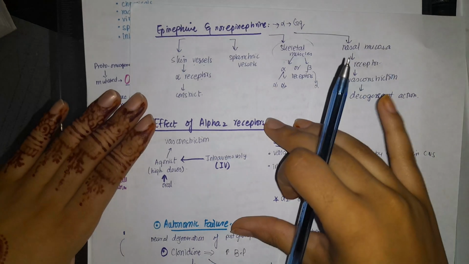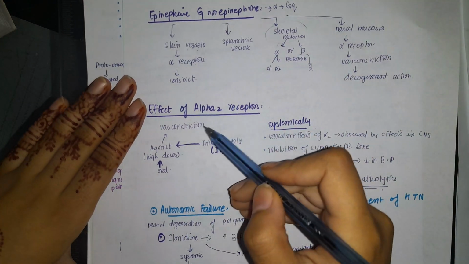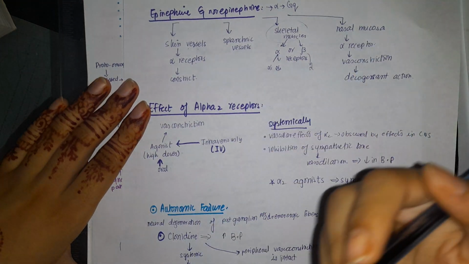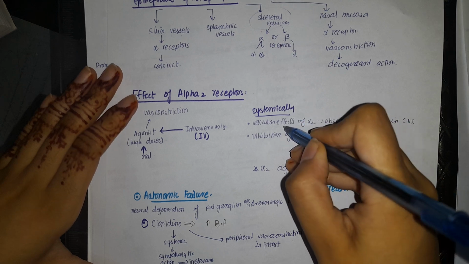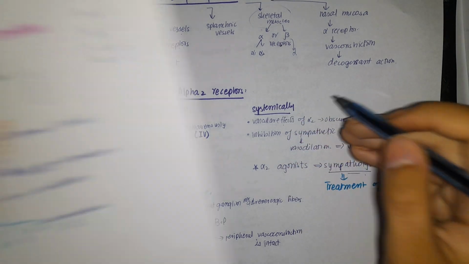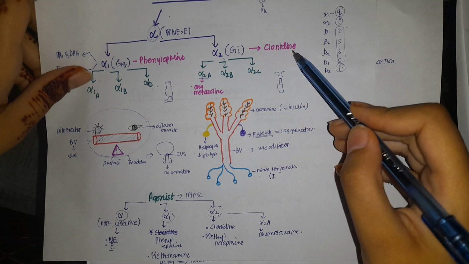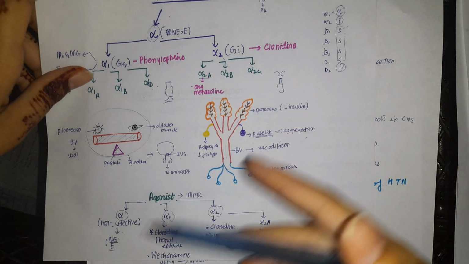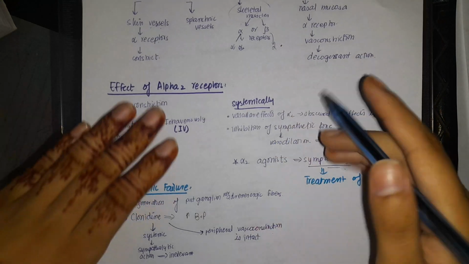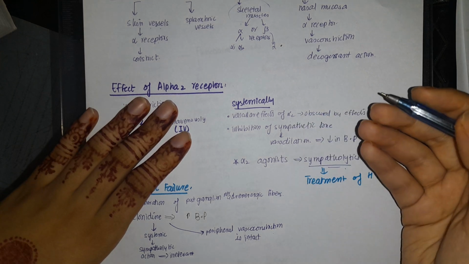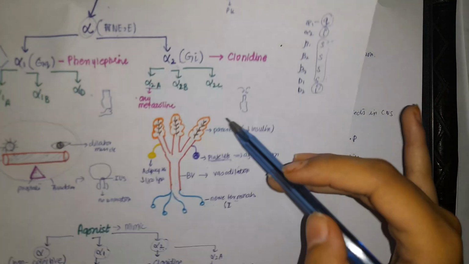Now when we come to alpha 2 receptors, they have systemic effects. For example, if you look at this blood vessel and if you give alpha 2 agonist, that is clonidine, what will happen? You have given that patient systemically. So what will happen is that there will be vasodilation produced, because alpha 2 is inhibitory in action.